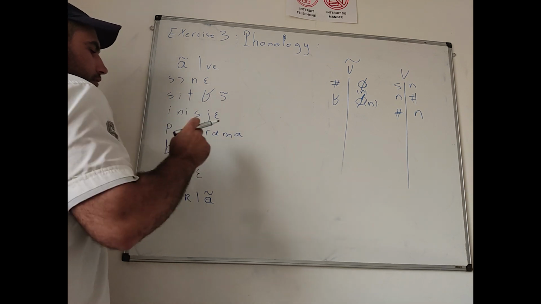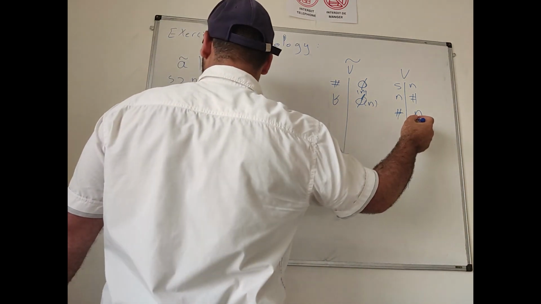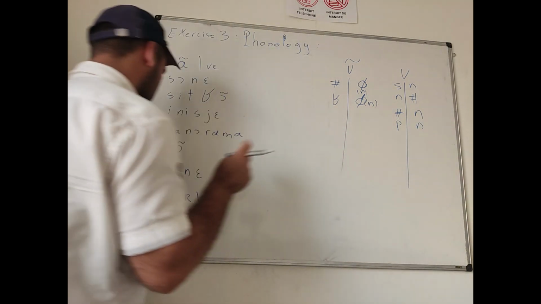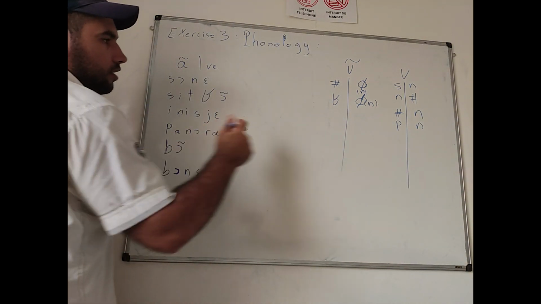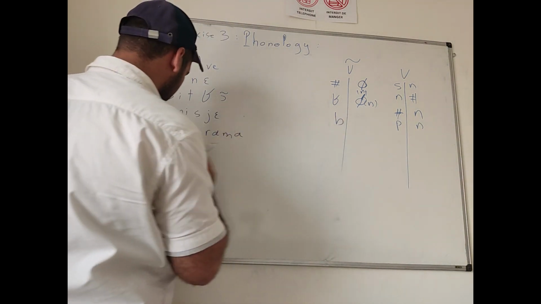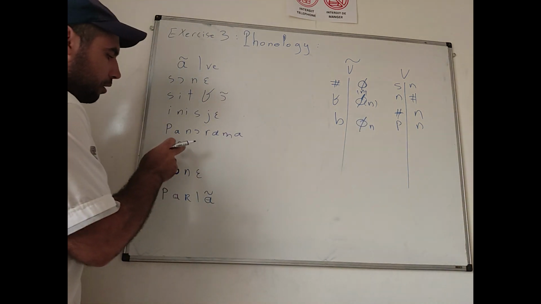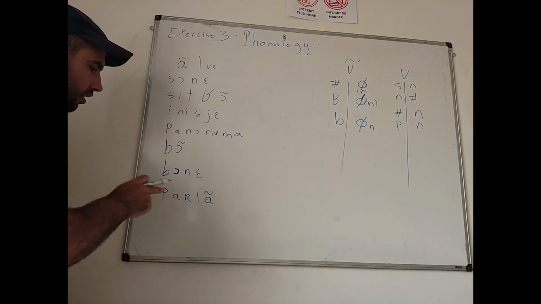Panorama, the same thing: it is preceded by the P and followed by a nasal that still exists. While bon is preceded by the B sound and followed by a deleted nasal. That's why we take the nasal diacritic.